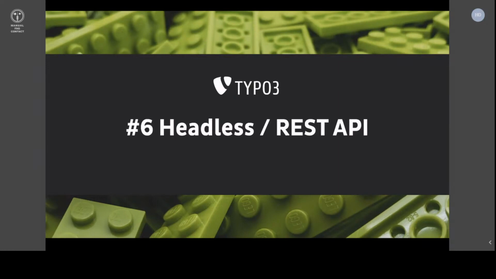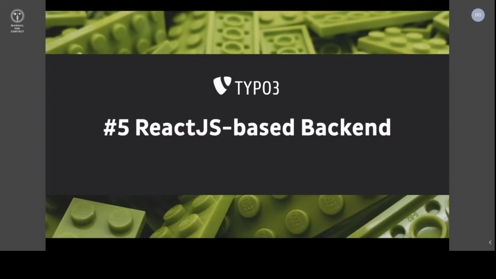So the next one that did not make it in version 10: a ReactJS-based frontend backend. We still don't have a JavaScript framework in the backend. What's wrong with us? We removed ExtJS, we still have jQuery, but we don't have one of the popular ones: Vue.js, ReactJS, Angular. There are a couple of reasons why, and one is that we need to know the release cycles and the support lifetime for these frameworks.